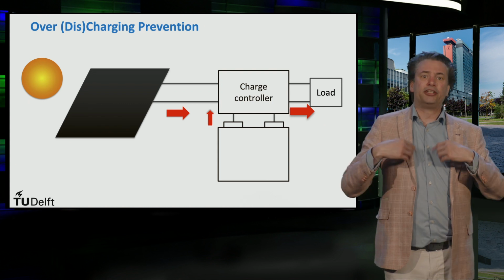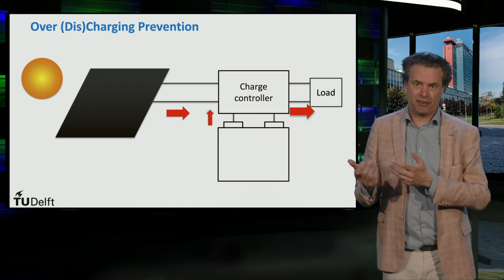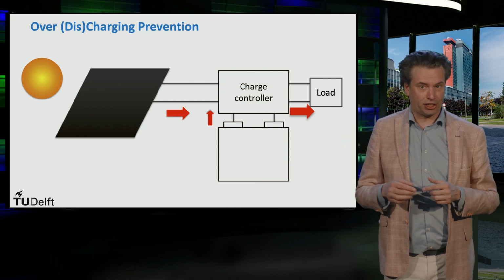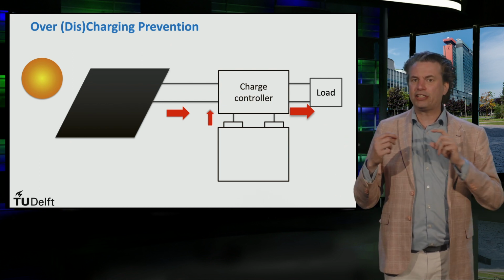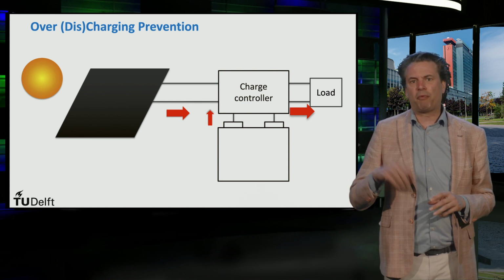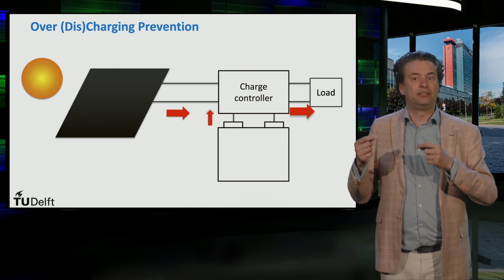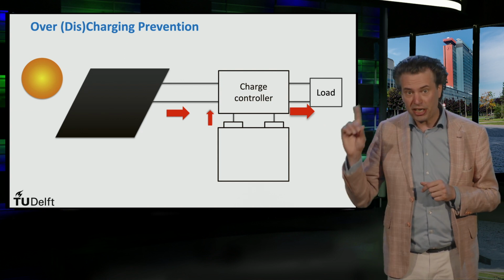Thus here too, the charge controller plays a vital role by preventing the battery from being over discharged. This is achieved by disconnecting the battery from the load. At this point, the system will not be able to power the load, but this is vital in preserving the battery.